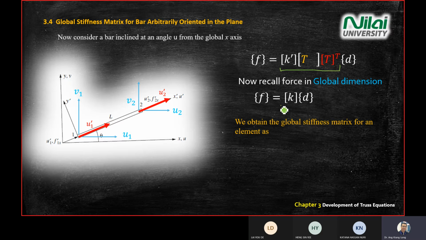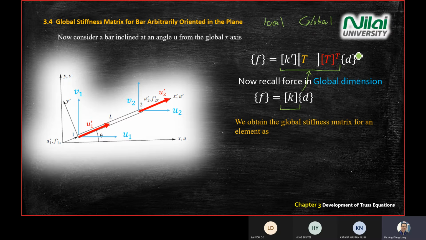So again, call back the earlier we learned F equal to KD. So we try to link our K matrix with the K prime matrix and T matrix. It means that we are trying to find the relationship between the local data and global data.